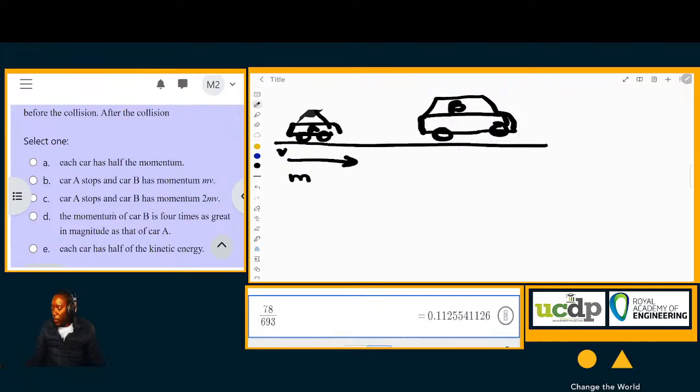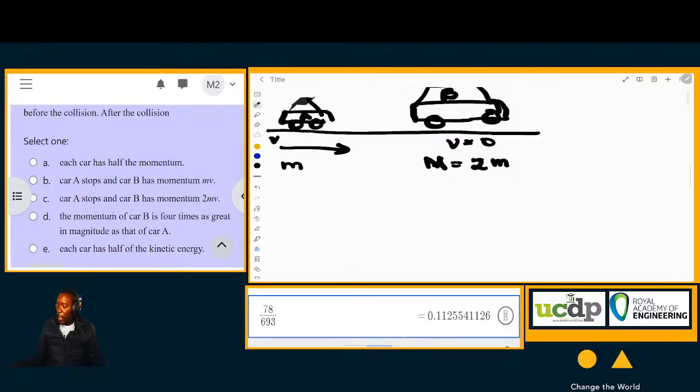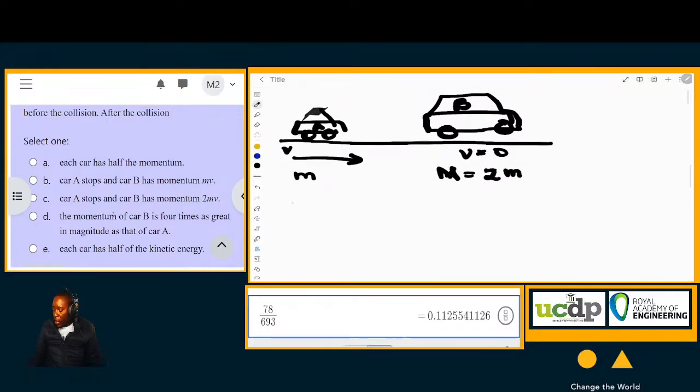So that means initially the velocity of B is 0 and the mass is 2m. So big M is equal to 2 times small m. Now, conservation of momentum.